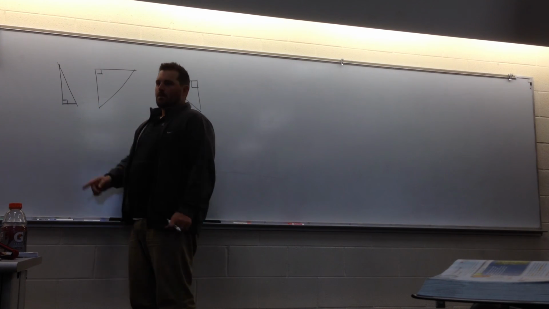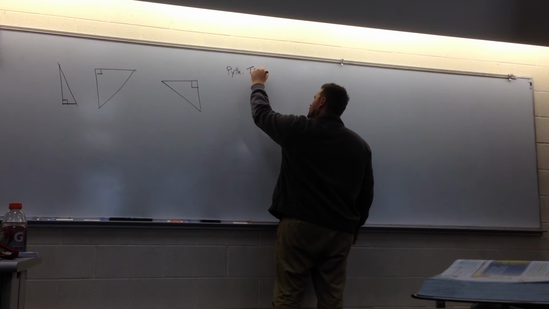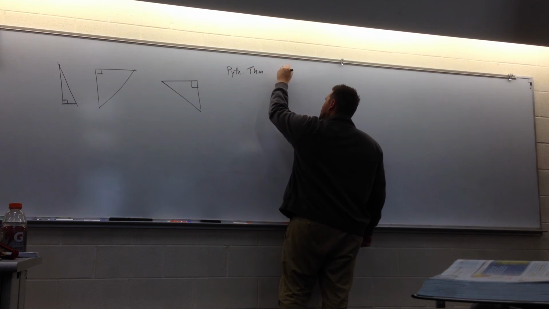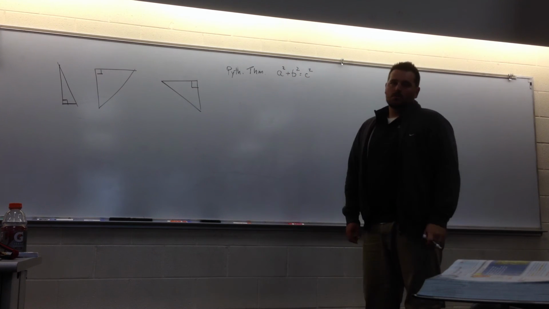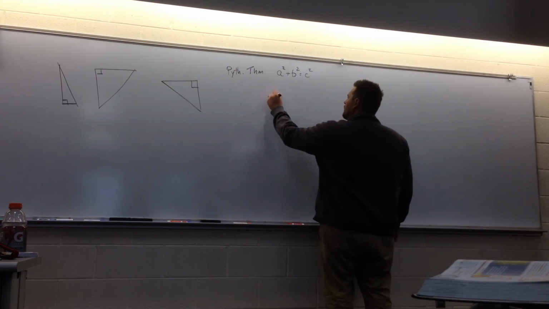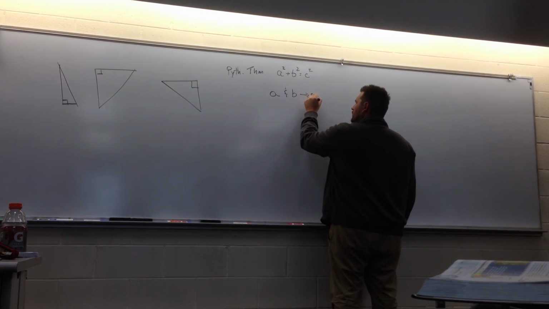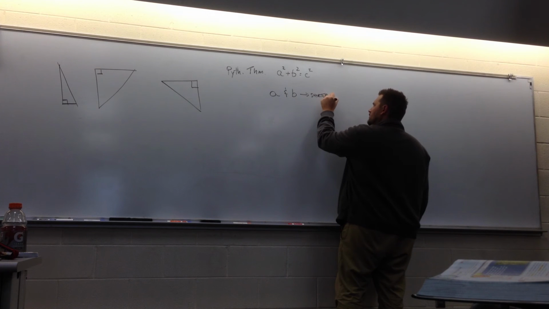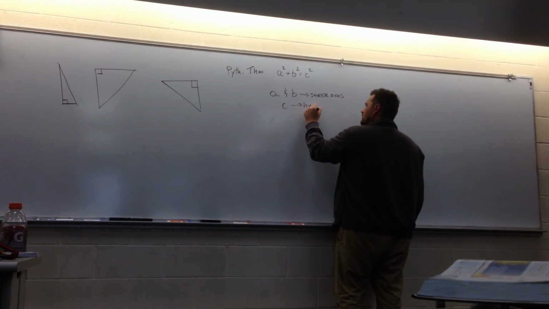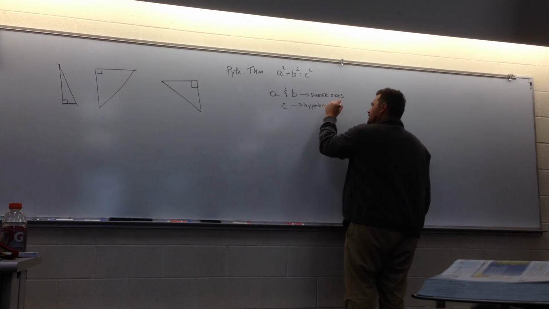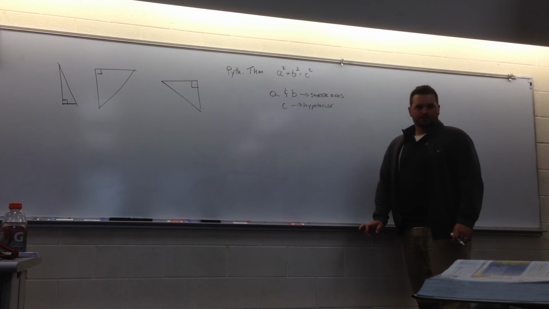And the Pythagorean theorem says a squared plus b squared equals c squared, where a and b are the shorter sides, and c is the hypotenuse, or the longest side. Okay?